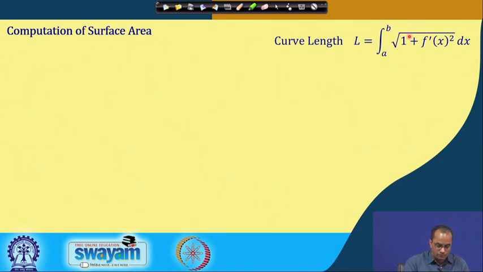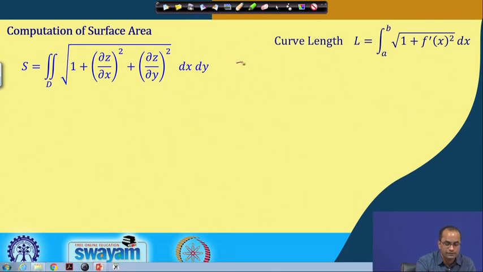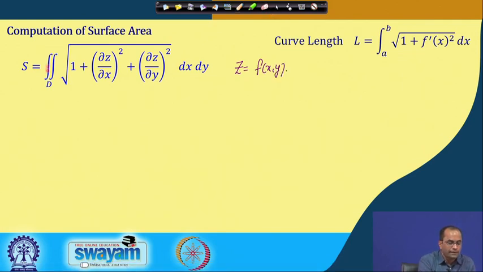In case of the surface, we have a function z is equal to f of x y. So, the surface is given by z equals f of x y, and now we can get the surface area similar to what we have for the one dimensional case.